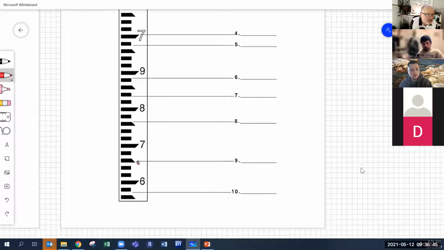I'll get a little pen here. 6.5, 6.55 right there. That's got to be 6.55 feet right here. 6.56, 6.57. If it's right on that number, that's going to be 6.57 feet.